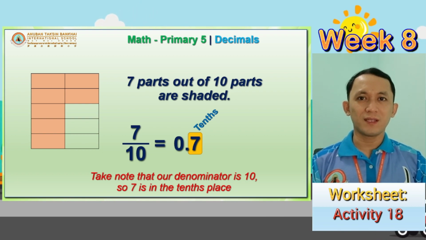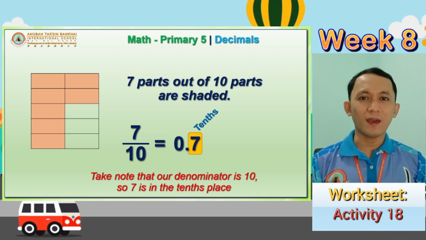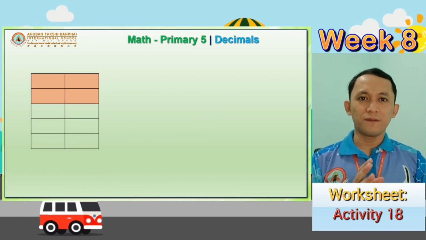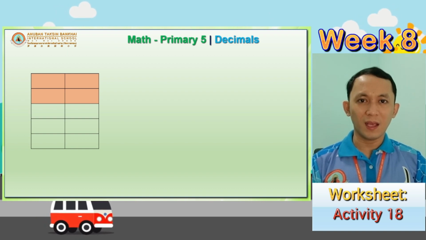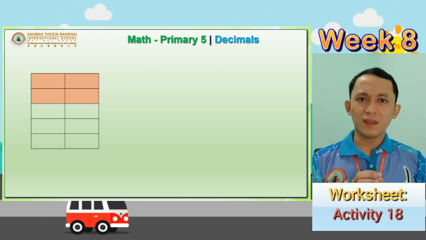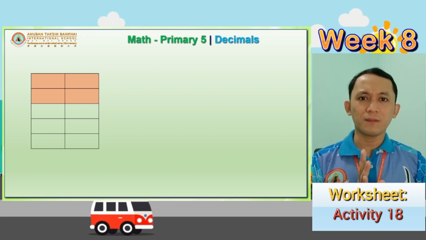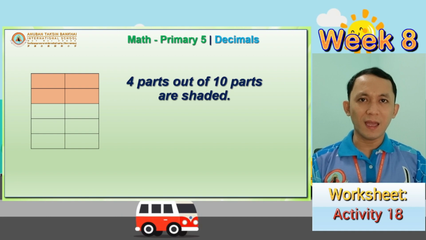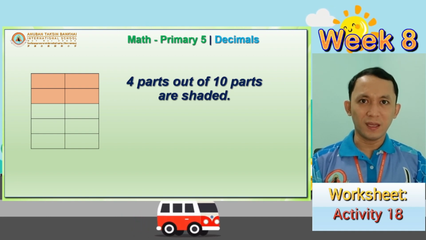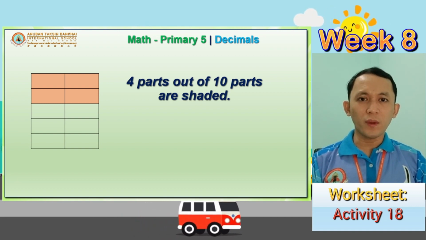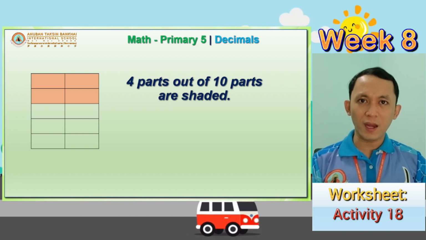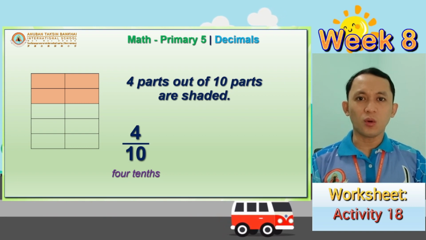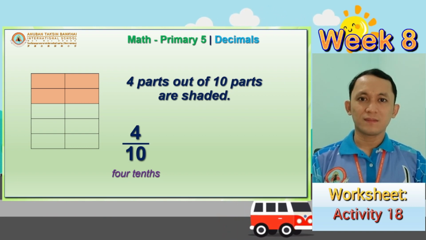Okay, now another example. Again, we have a rectangle here, and the rectangle is divided into 10 equal parts. You could see that there are 4 shaded parts, so 4 parts out of 10 parts are shaded. If we write this as a fraction, we can write this as 4 tenths or 4 over 10.